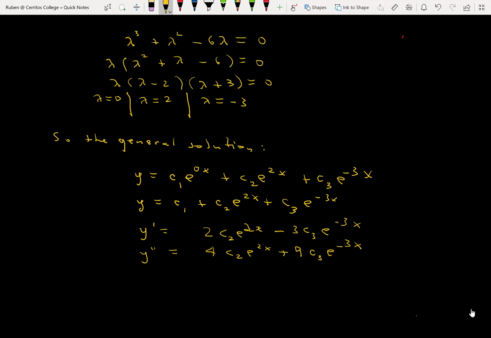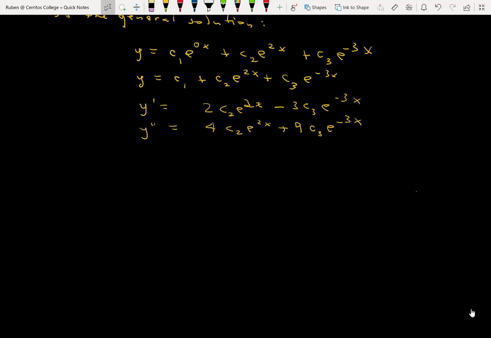So now let's solve for the constants C1, C2, and C3 by applying our initial conditions to the solution. Our first initial condition is that y of 0 equals 4. I'm going to substitute it into our solution. This says that 4 should equal C1 plus C2 plus C3, by substituting x equals 0 into the right-hand side of y.